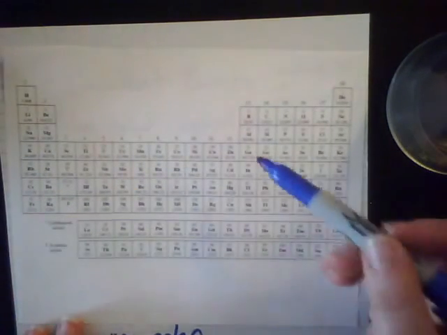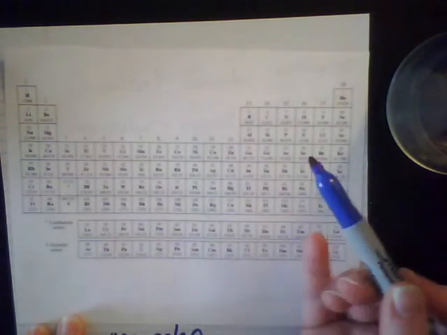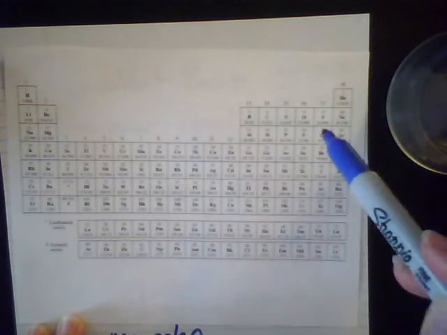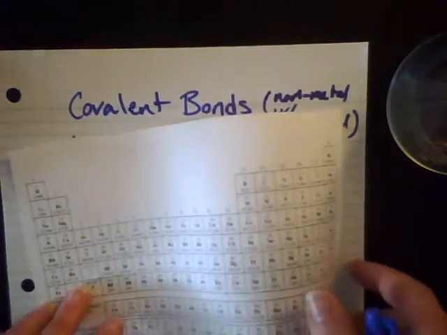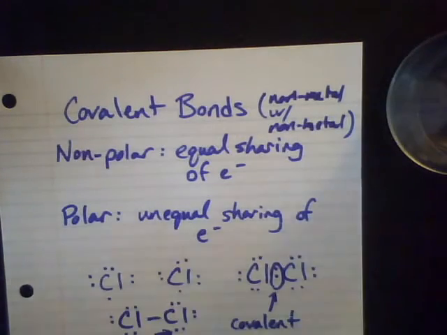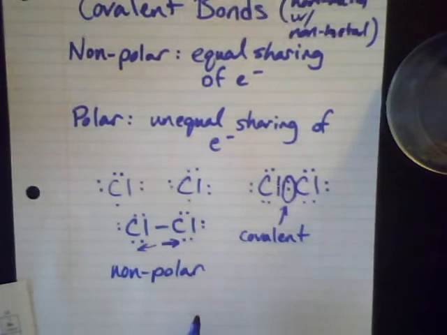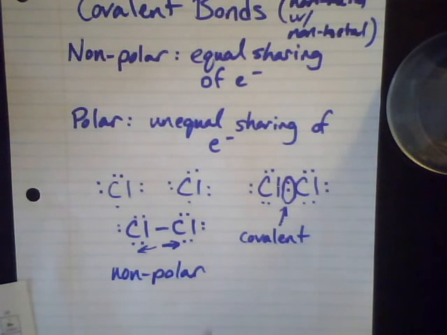And if we're referring back to our periodic table, remember we have that stair step of metalloids over here. Everything to the left is going to be metals, and everything to the right are going to be our nonmetals. So when we're talking about covalent bonds, we're talking about this little corner of the periodic table here. And we're excluding the noble gases, because the noble gases already have a full octet, so they don't need to share electrons in order to have a full valence. That's that octet rule again. Okay? So that's non-polar covalent bonds.